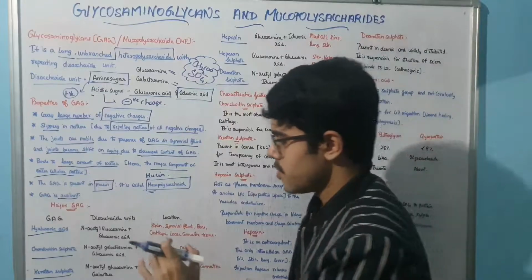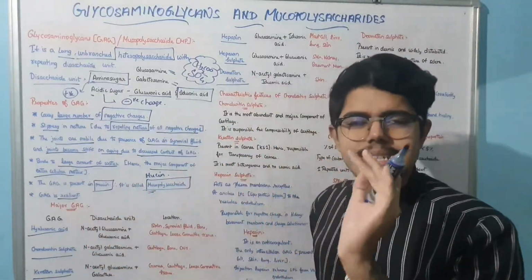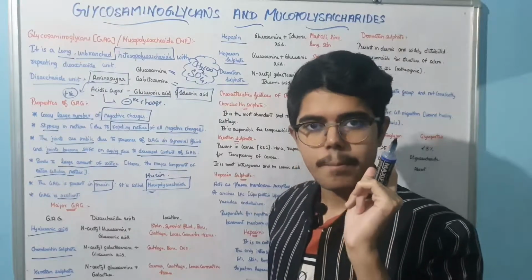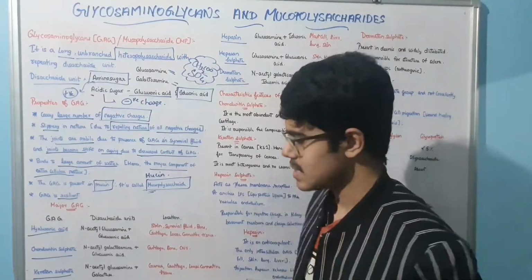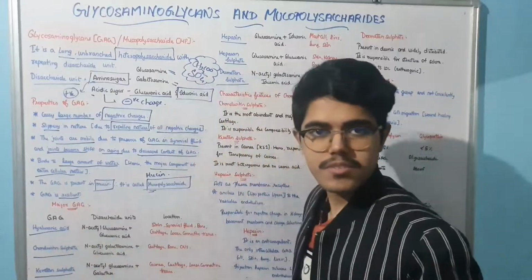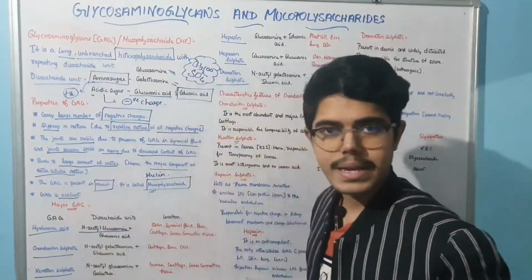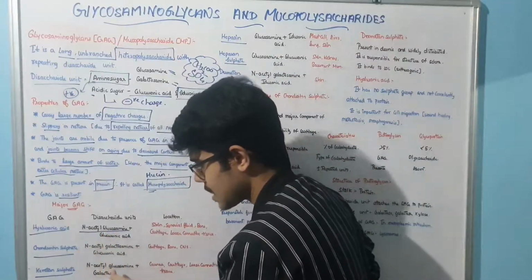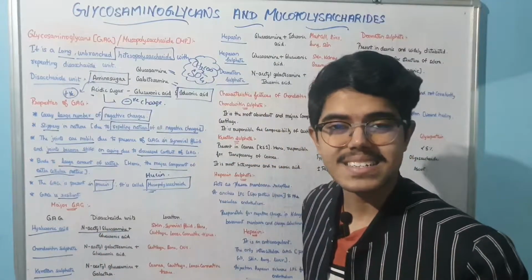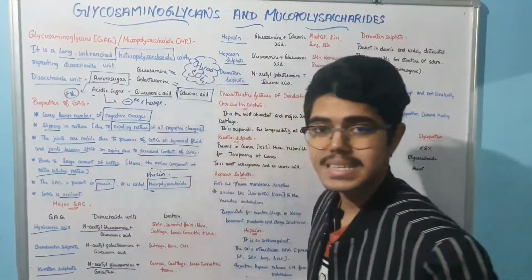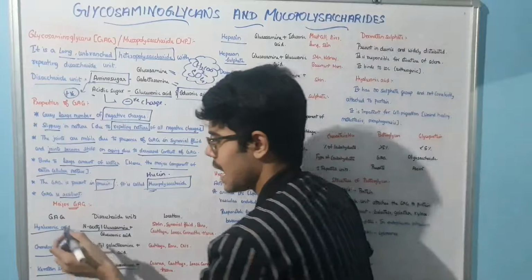See, first take only one disaccharide unit, and learn only one pattern. For hyaluronic acid, we are taking N-acetyl glucosamine. Then search for any other N-acetyl glucosamine. That is keratan sulfate. So N-acetyl glucosamine is present in keratan sulfate as well as hyaluronic acid.